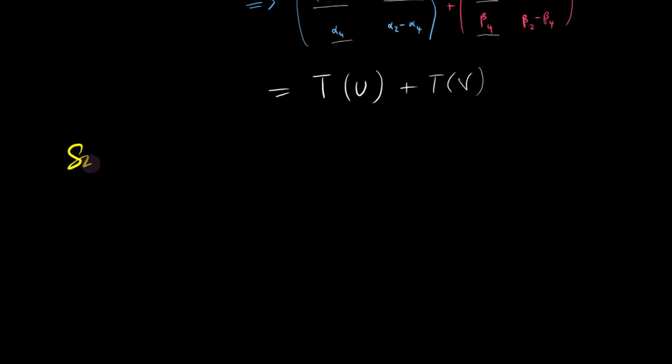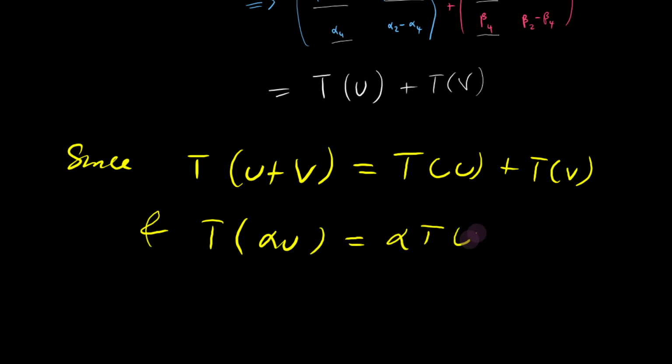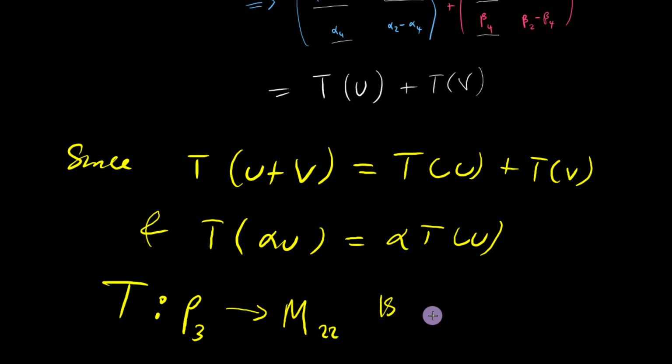So you say, since transformation of U plus V was equal to the transformation of U plus the transformation of V, and transformation of alpha U was equals to alpha transformation of U, T from P3 that maps onto a matrix in 2 dimensions is a linear transformation. And that will be it.